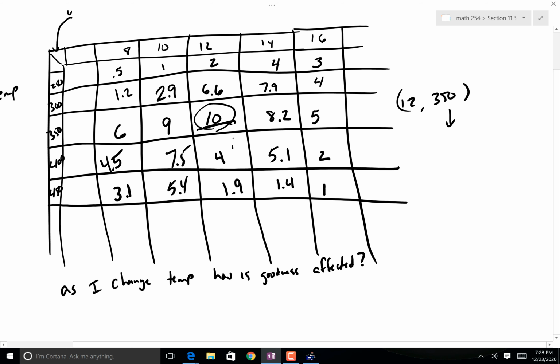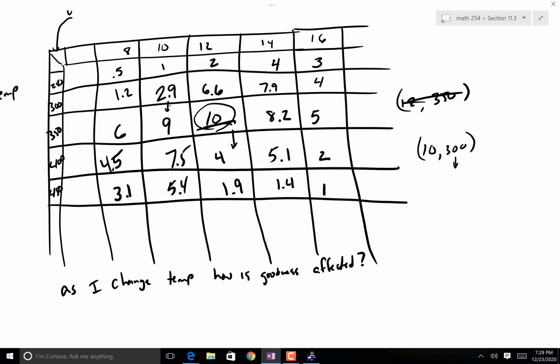Well, your goodness drops like a rock. It's negative. Are you with me? You are not improving, friend. However, if you were talking about 10 minutes and 300 degrees, if you increase the temperature, what happens? Well, you'd be coming from this direction to this direction. You would be positive derivative, right? You'd be increasing in the goodness scale. And you're like, oh, yeah, I get that.